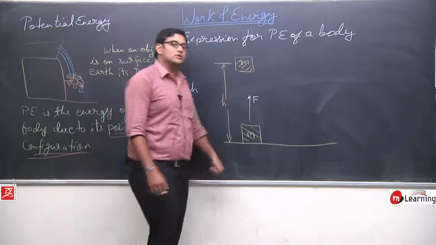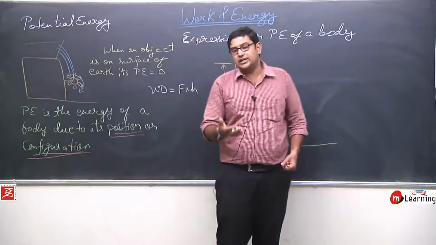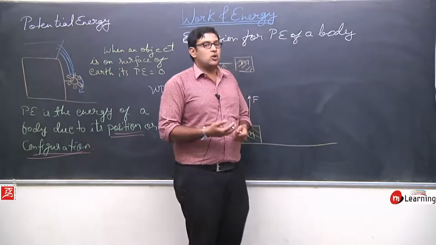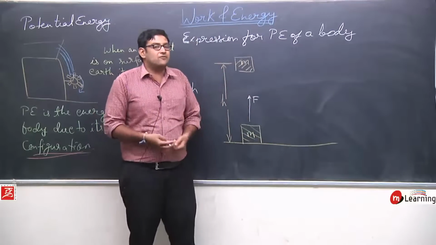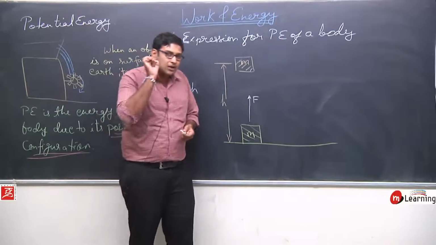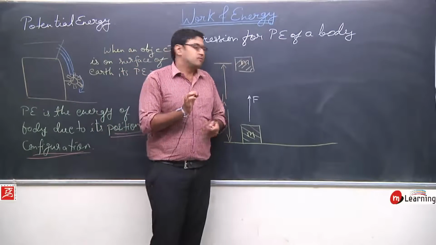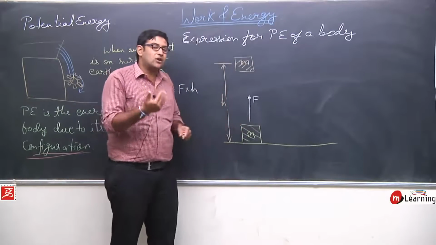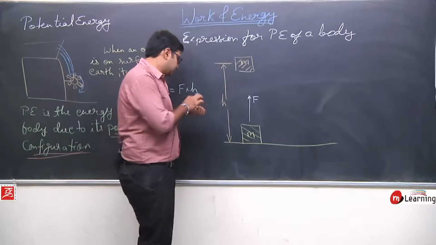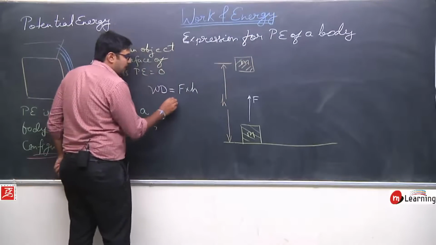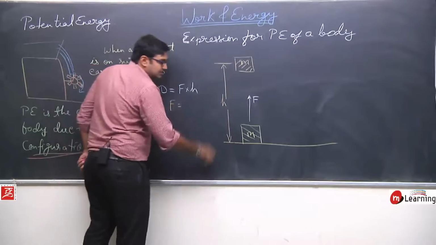Since I want to move this block with a constant velocity, I do not want this block to accelerate, I do not want some special force on this block. I will apply only that much force which can cancel the effect of gravitational force. Okay, so I will say the force that I am going to apply is equal to the gravitational force.